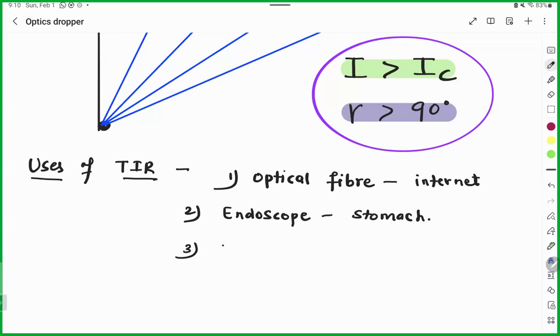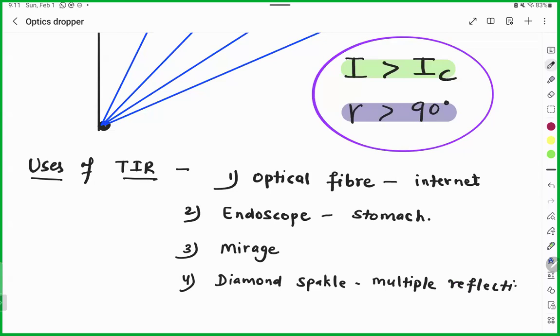You must have seen a mirage on the road when you are traveling. It feels like there is some water, but actually there is no water. It is because of total internal reflection. A diamond will sparkle because in this case there is multiple reflection, not one, more than one.